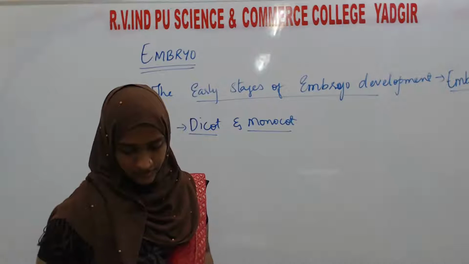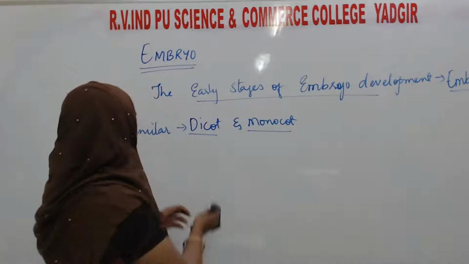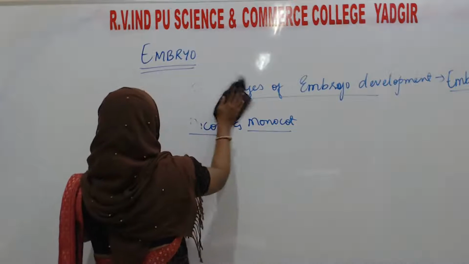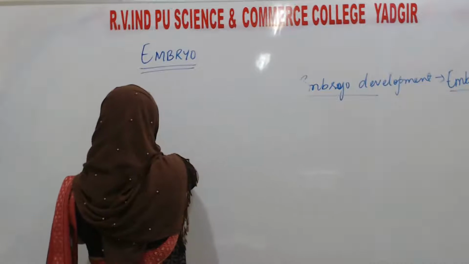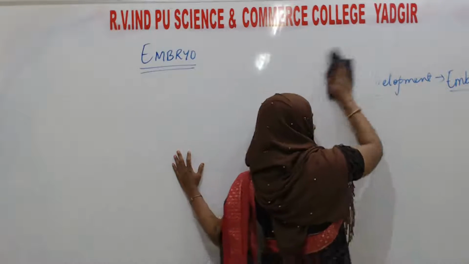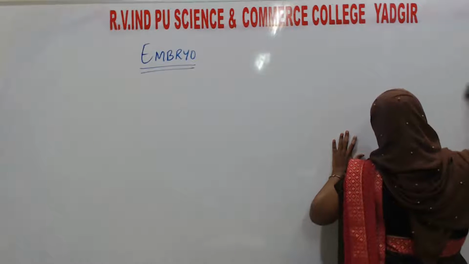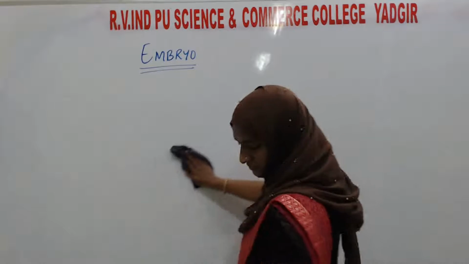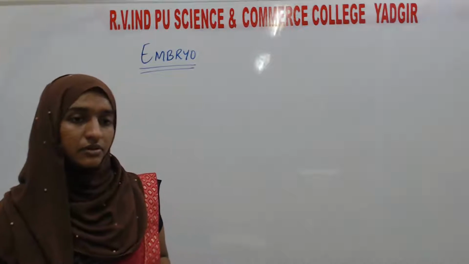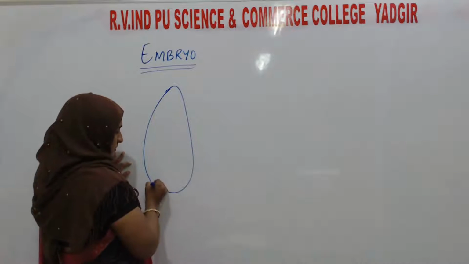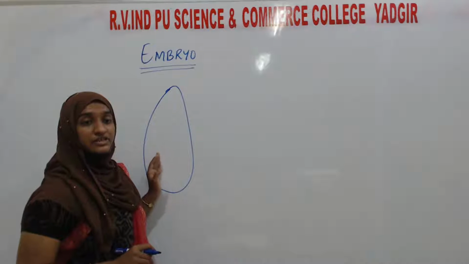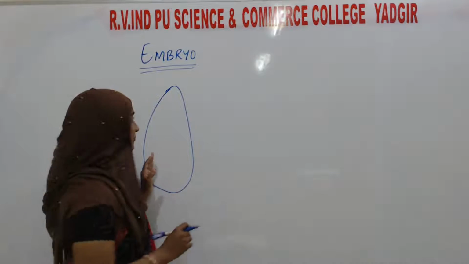So see here, first of all, I will explain once again the structure of the ovule in which there is the presence of the embryo sac.